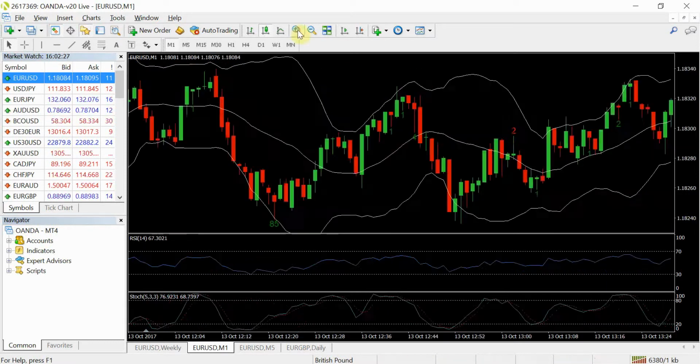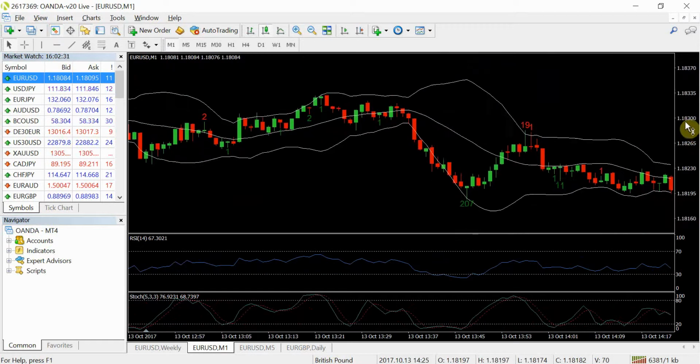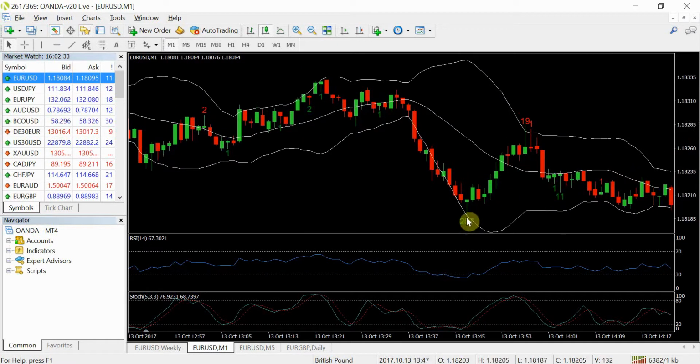If I zoom in just a little, you can see that price has touched and just gone outside of the Bollinger Band. This is a 20 period moving average with two standard deviations on either side.